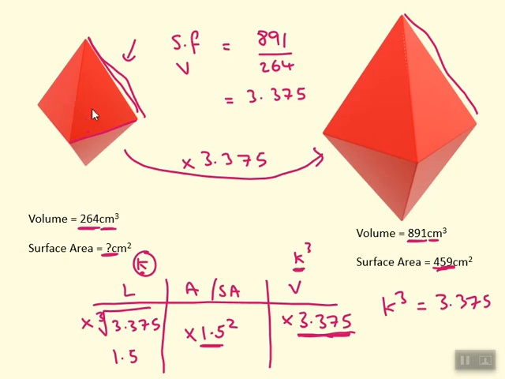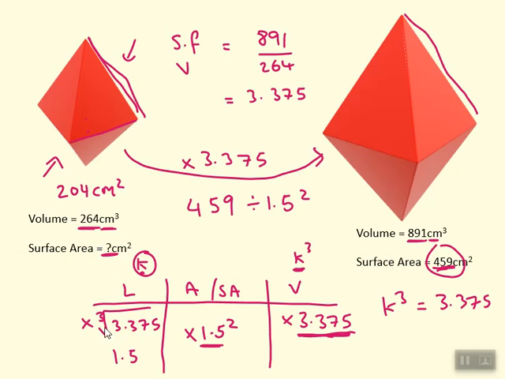So in order to work out the surface area of the smaller one, we need to take the surface area of the larger one and divide it by 1.5 squared. So 459 divided by 1.5 squared is 204. So this one must have a surface area of 204 centimeters squared.